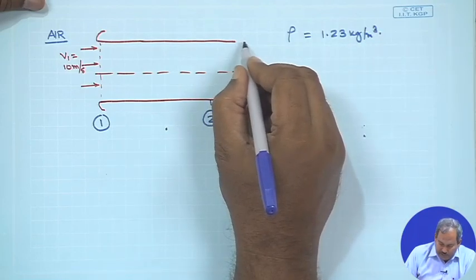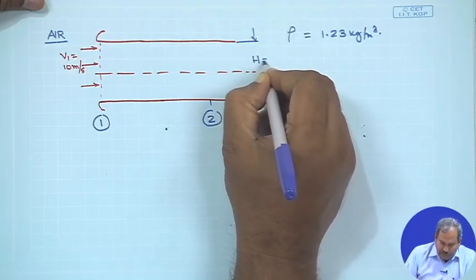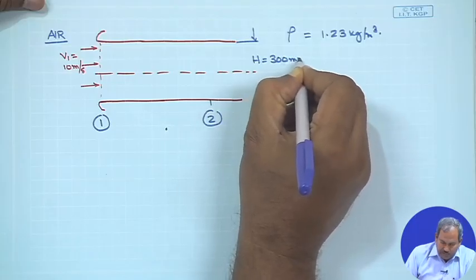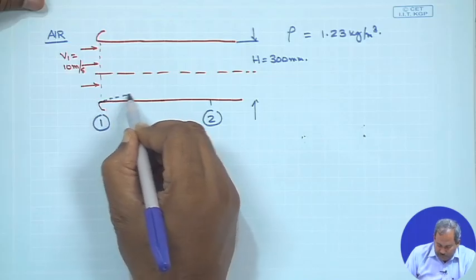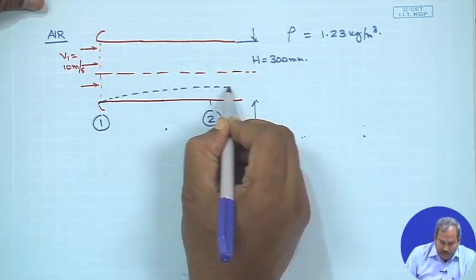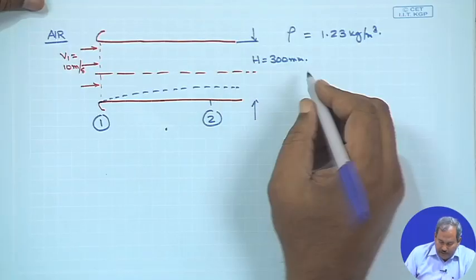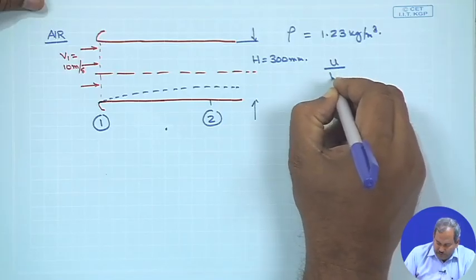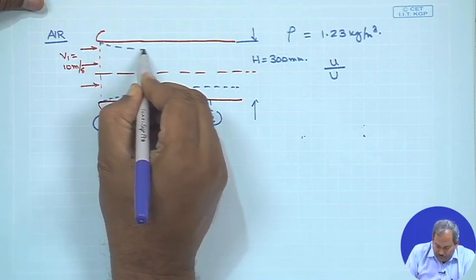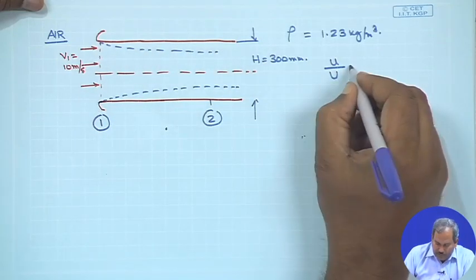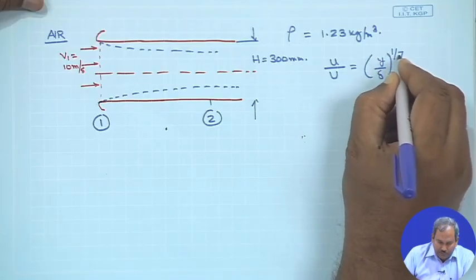The height of the duct, which I denote by h, is equal to 300 millimeter, and the conditions are such that the turbulent boundary layer starts to grow from the very beginning itself. The flow is not fully developed, and it can be assumed that the velocity profile in the boundary layer, which forms both from the top and from the bottom, is given by (y/delta) to the power 1/7.